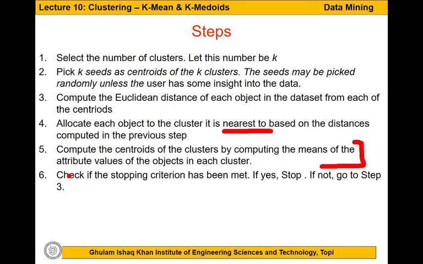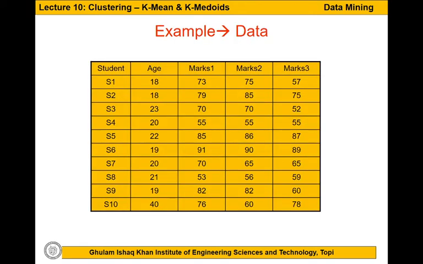Now finally we check if the stopping criterion has been met, which means that the cluster heads have not changed. If yes, then we stop, otherwise we go back to step number 3, right? So it might be quite boring for you, so instead of explaining these textual points, let us go straight to an example.